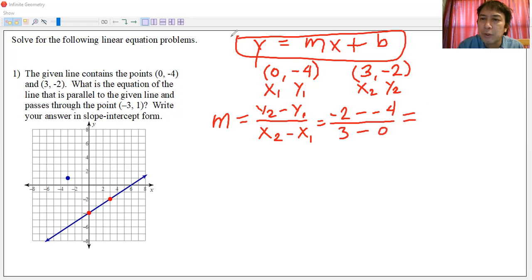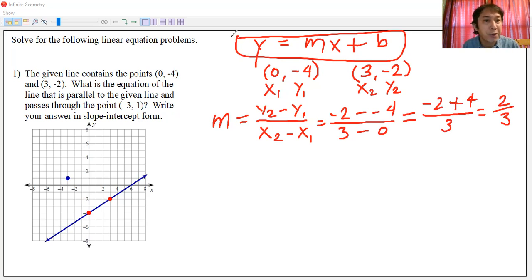So -2 minus negative 4 becomes plus 4, divided by 3 minus 0, which is just 3. This will now be 2/3. So we have the slope.